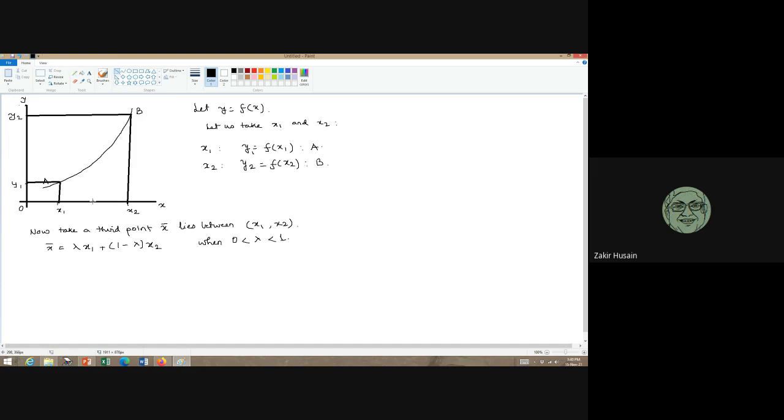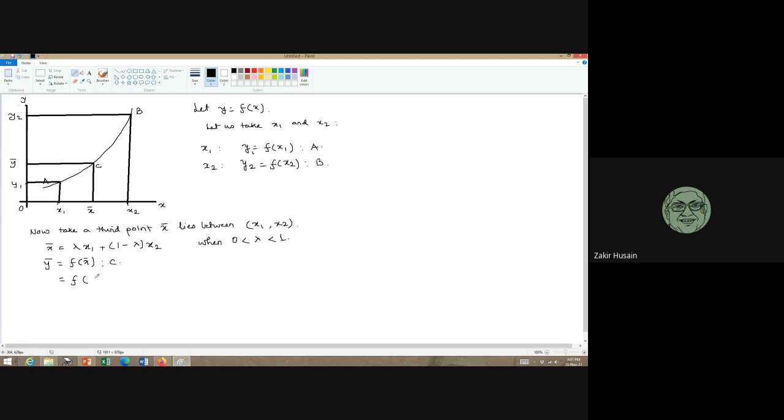For this value of x bar we have C, and we call this y bar. It is denoted by the point C.